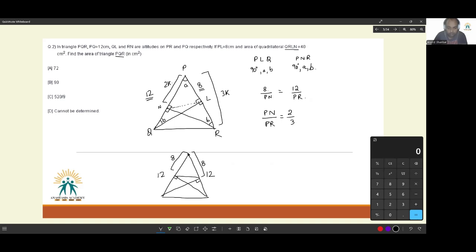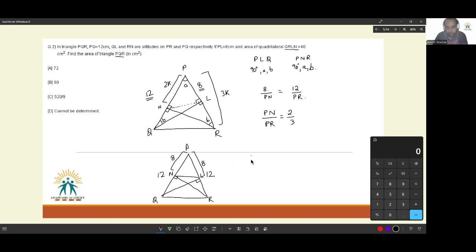Which would give me this triangle here, top triangle PNL, will have dimensions 2/3 of the large triangle PQR.